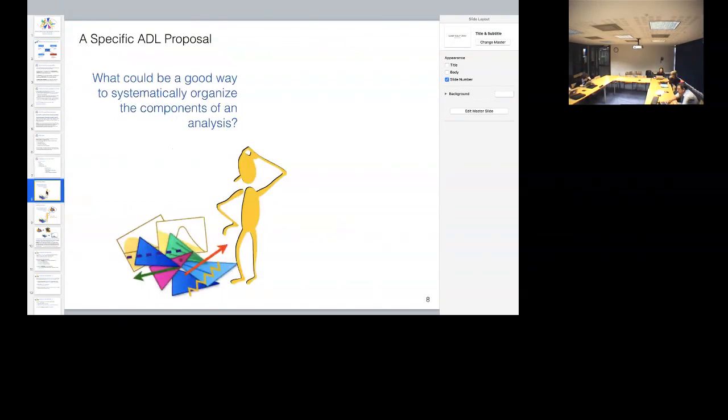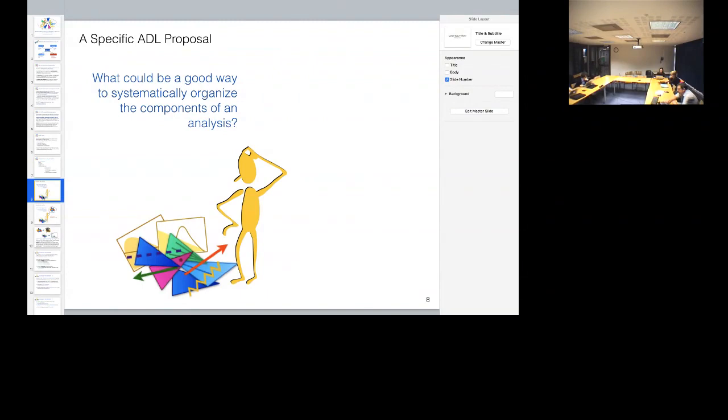And so what we shall do now, I'm going to focus on a specific proposal that was made based on the discussions at LINQ in 2015 and subsequent workshops. And of course, the question to be asked is, what's a good way to organize the components of an analysis?